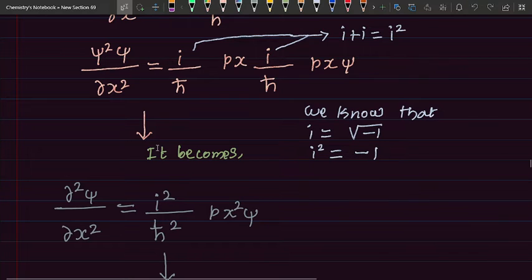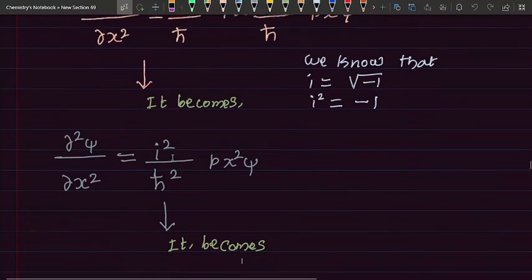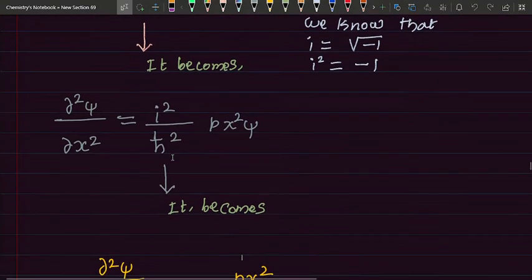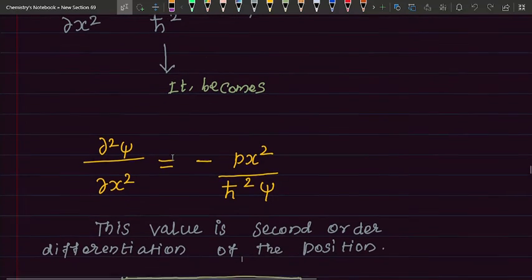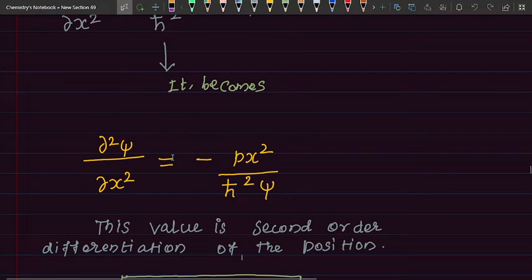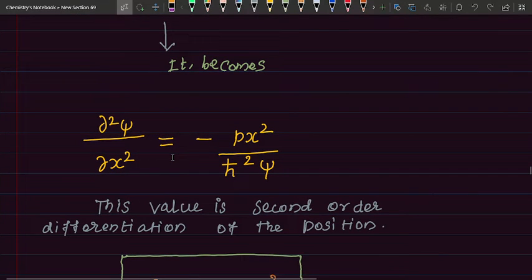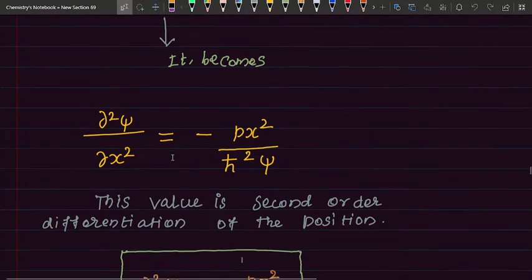This equation becomes ∂²ψ/∂x² = i² px²/ħ² ψ. It becomes ∂²ψ/∂x² = minus px²/ħ² ψ. This value is the second order differentiation of the position.